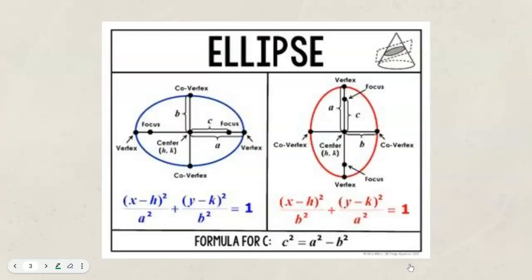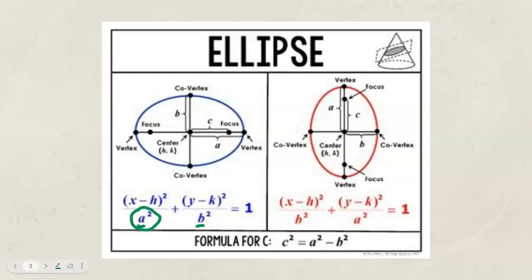This formula is on your note sheet, but I want to point out a couple of things. The first thing is that you can tell whether your ellipse is going to be short and fat or long and skinny by just deciding which one of these two numbers is bigger.